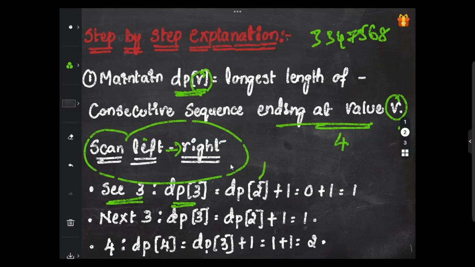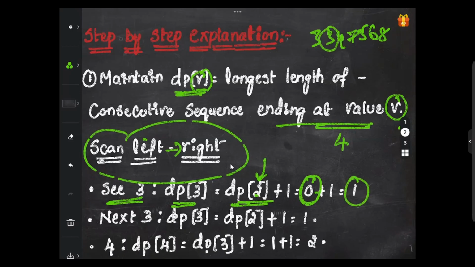We don't have dp of 2, so we will be considering the value 0. When we don't know the value, we will be going with 0. Just remember this: dp of 2 plus 1, the previous element plus 1, that's it. So dp of 2 we don't know, so we give 0 here. This will be 0 plus 1, that is equal to 1.